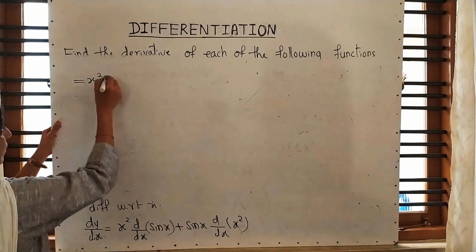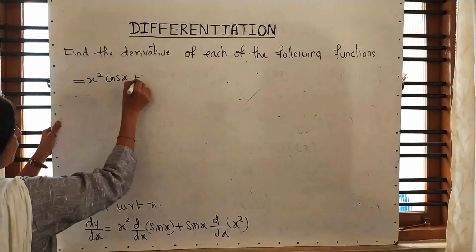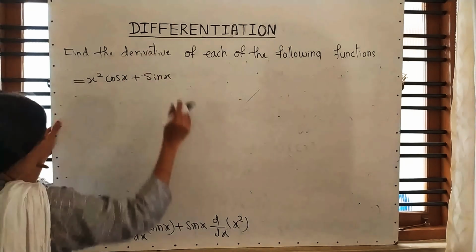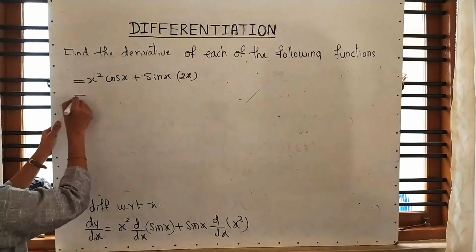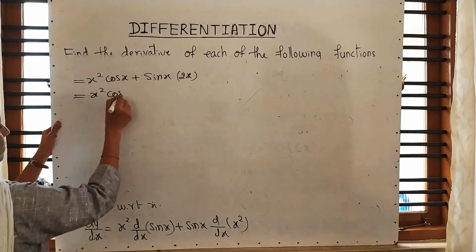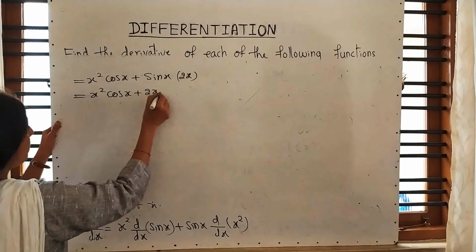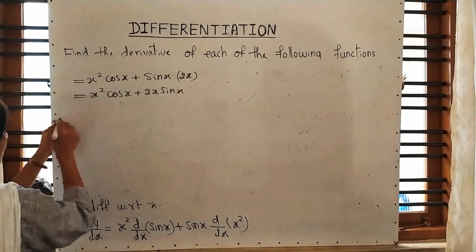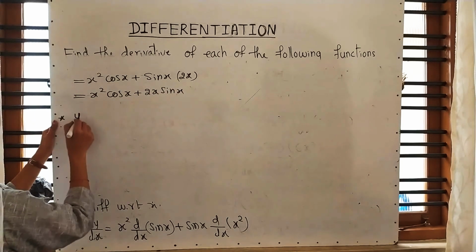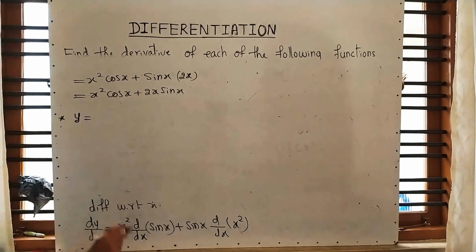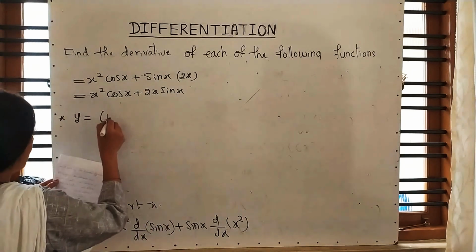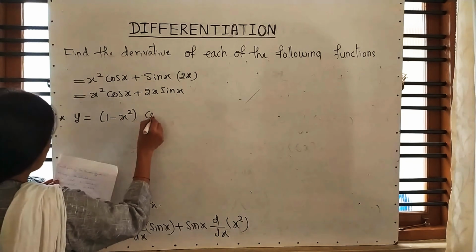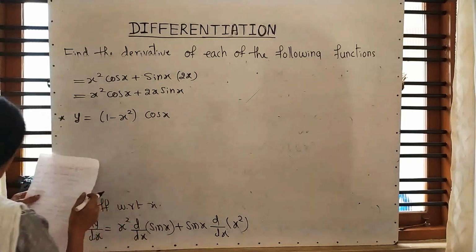Differentiation of sin x is cos x. Differentiation of x square is 2x. Next question. Yes, which is u?